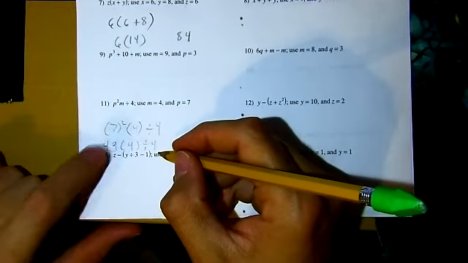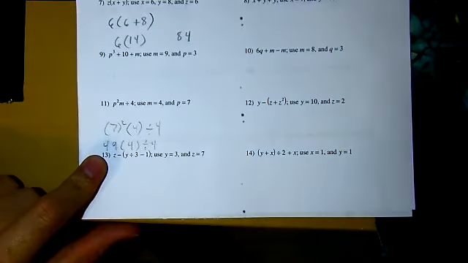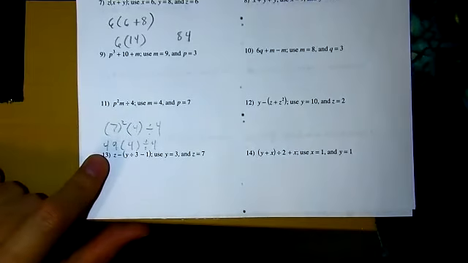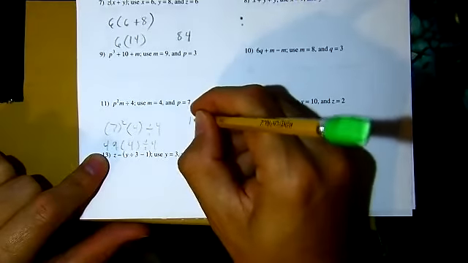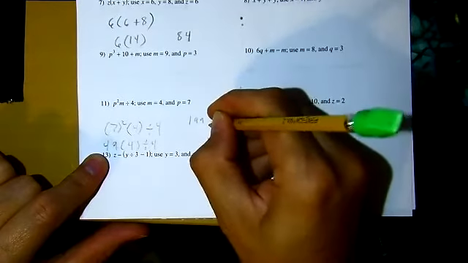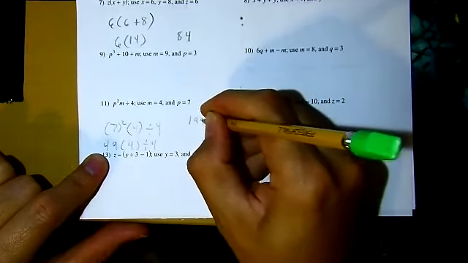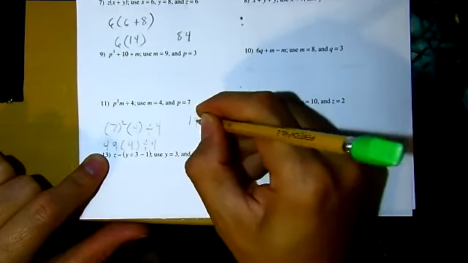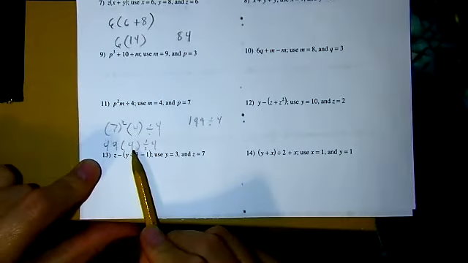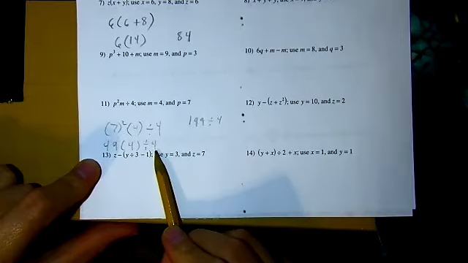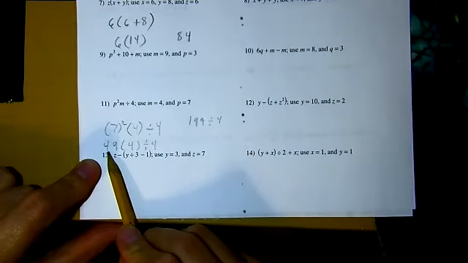So 4 times 49 is going to be, you'll probably need to do that to the side or have a calculator. 199, I think. Now, since I know how multiplication and division works, I know if you take a number and you multiply it by 4 and then you divide it by 4, you just end up with the same number again.